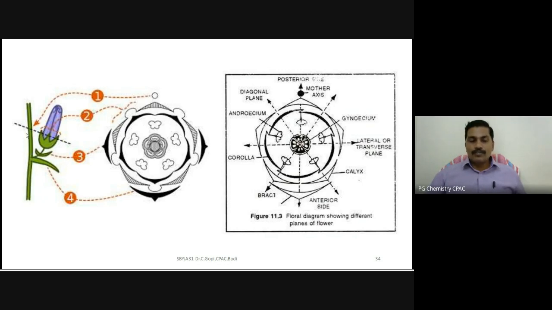So when you observe the flower, you can straight away draw this diagram by seeing the flower. Okay, that much information you should have. So one can draw the diagram like this. If it is an actinomorphic flower, it should be like this.